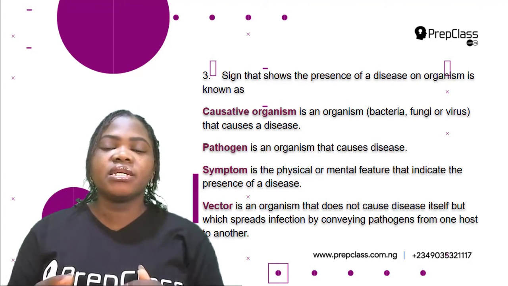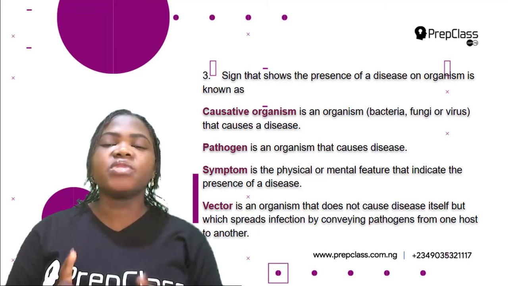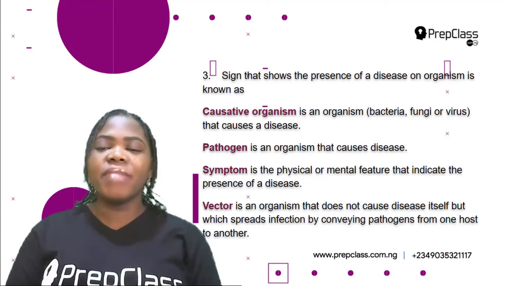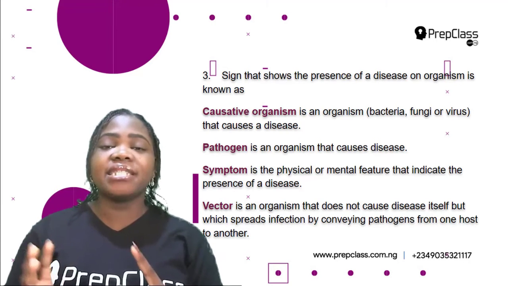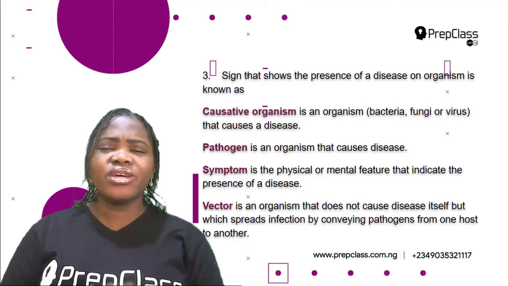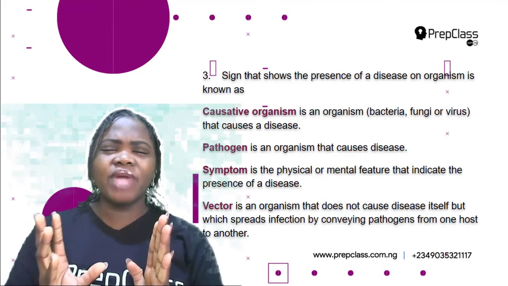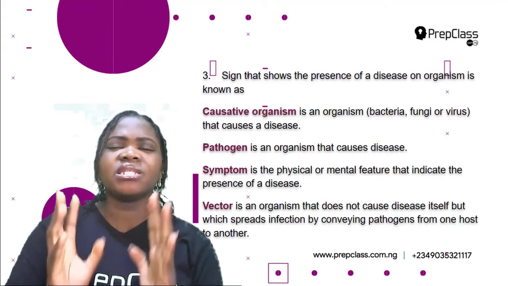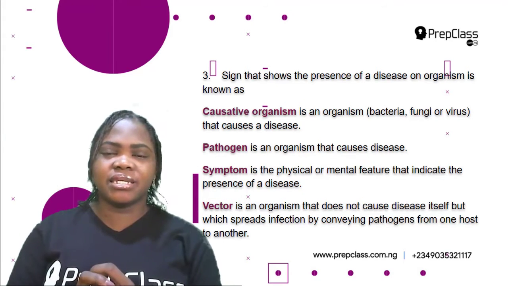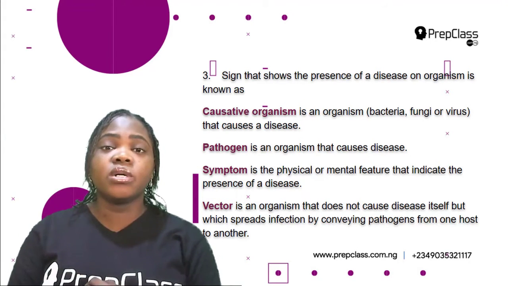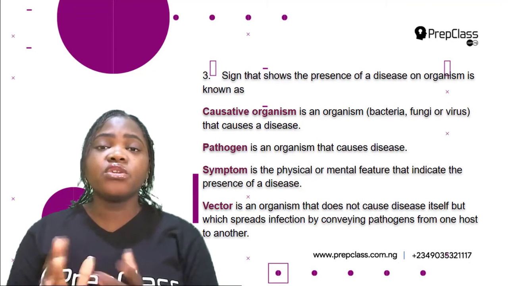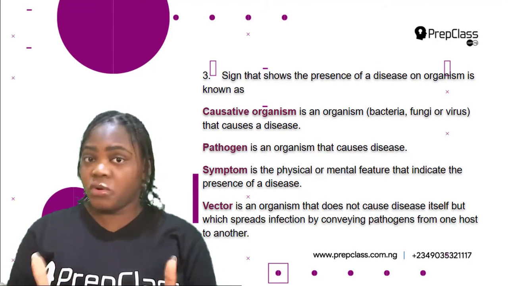Okay, so what about symptom? Symptom is the physical or mental feature that indicates the presence of a disease. So it's something that you can see that would help you to know, oh, this animal or this person has this particular disease. For example, coughing. Coughing could be a symptom of coronavirus.